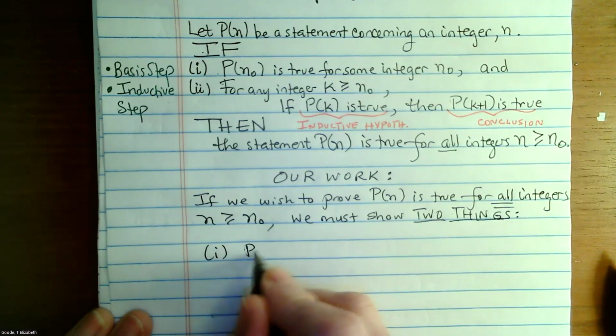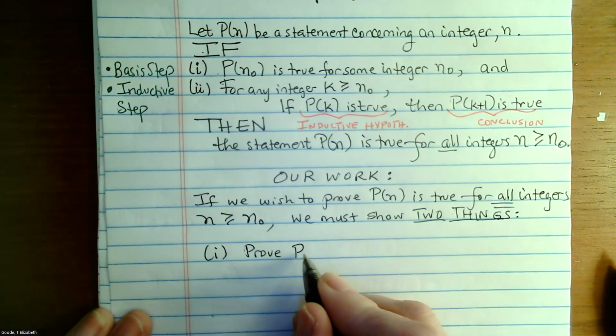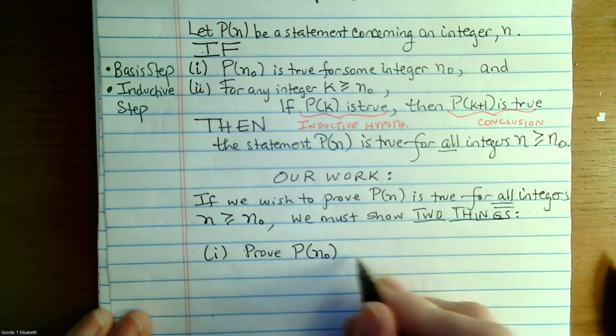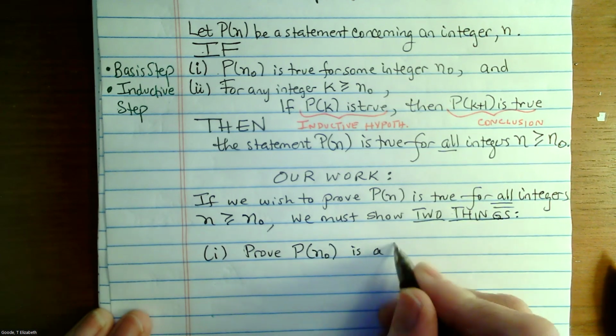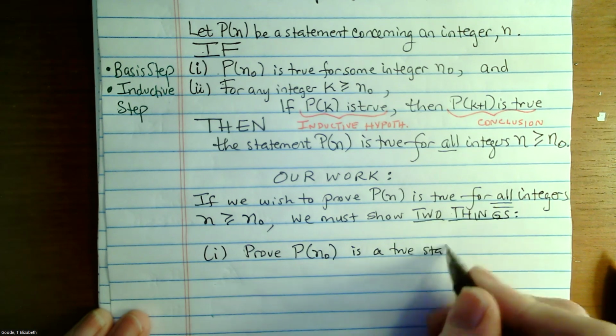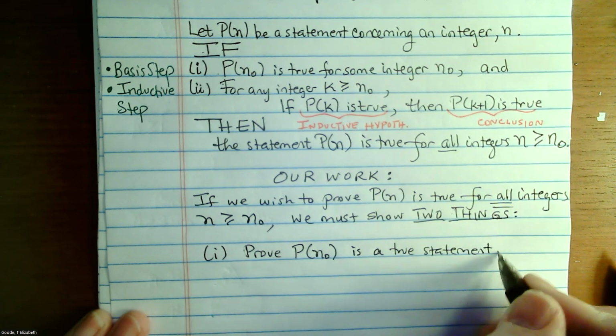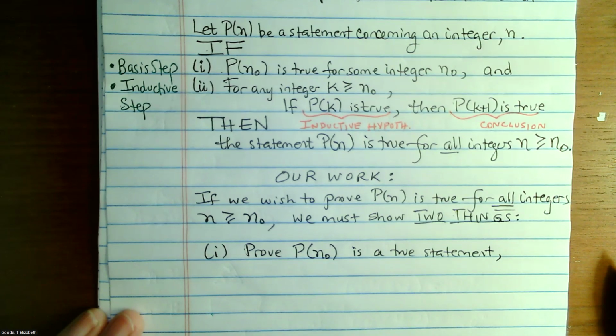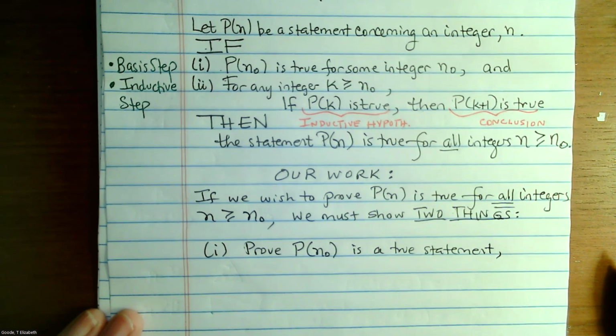We have to prove P evaluated at n naught is a true statement. And we're going to be very careful about that. We're going to talk about how it's not logically sound to start with an equation that you're trying to establish.